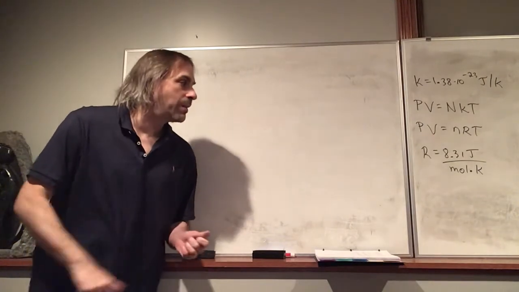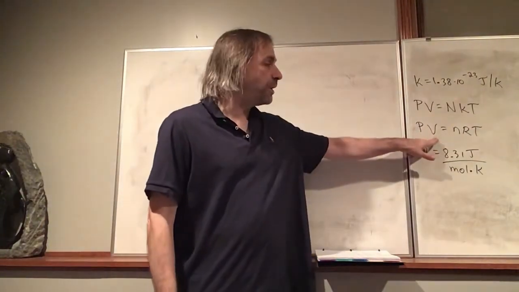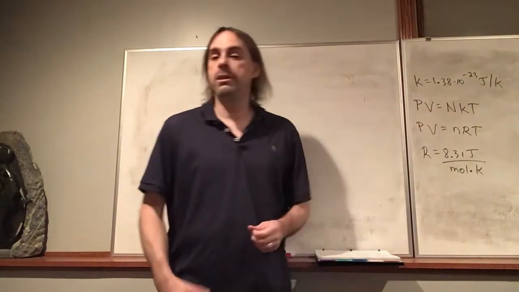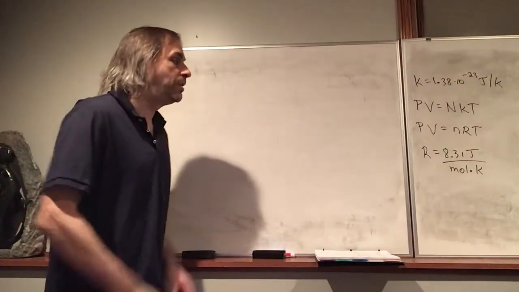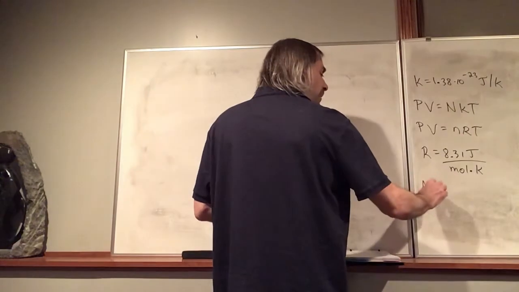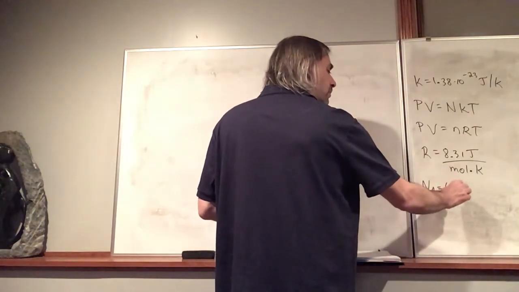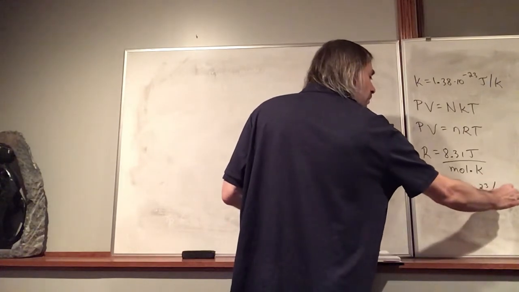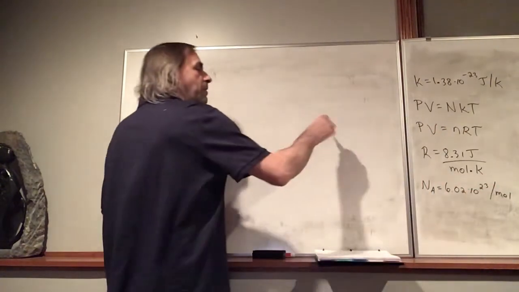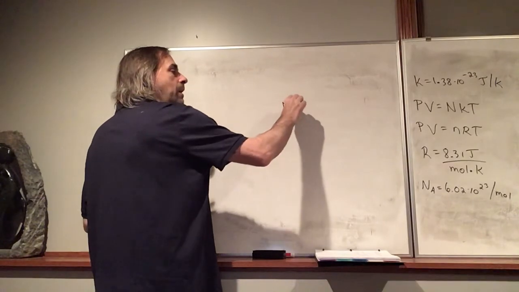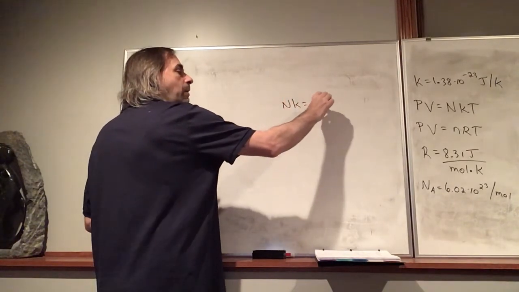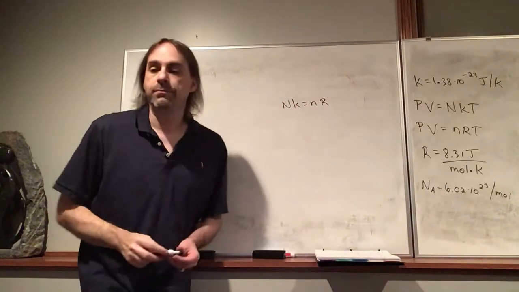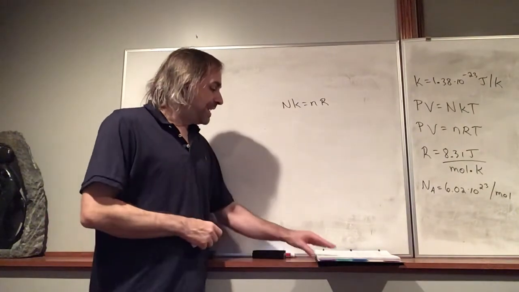So again, if you know the number of moles, use this version. If you know the number of molecules, use that version. Of course, you could do either because they're related by Avogadro's number. And from this, we can also see the relation that big N times k equals little n times R.